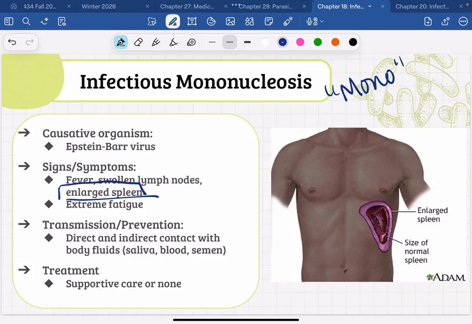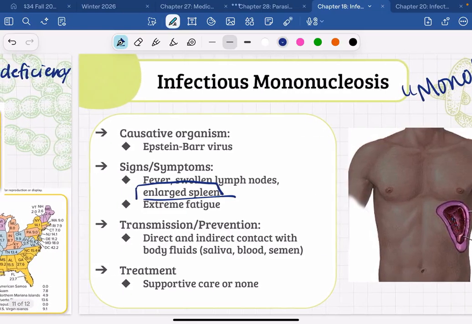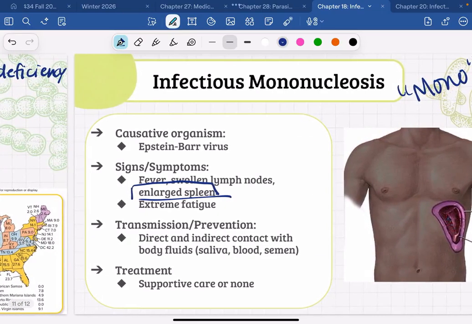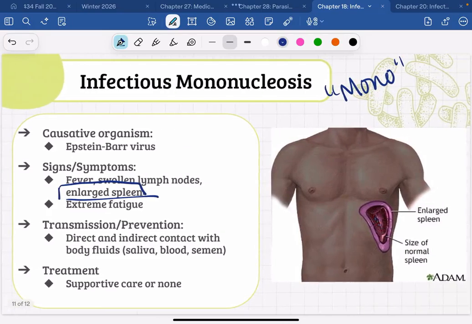And the other hallmark symptom of infectious mono is extreme fatigue. People who have mono will sleep for days and days, and they feel like they can't get out of bed for weeks at a time. A lot of times the fatigue will continue on. I had mono when I was like 13, and I did not get it from kissing a boy, and I thought I was dying.